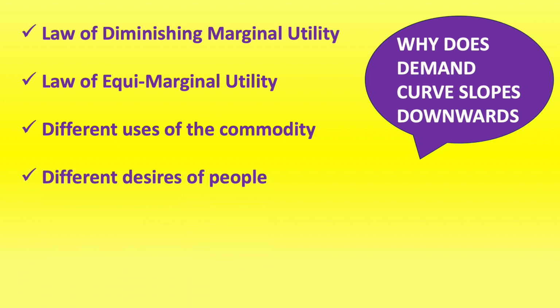Next, different desires of people. We have different groups of people, so the desires of each person differ. Based on that concept also, the demand curve slopes downwards.